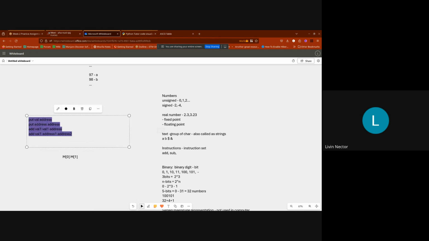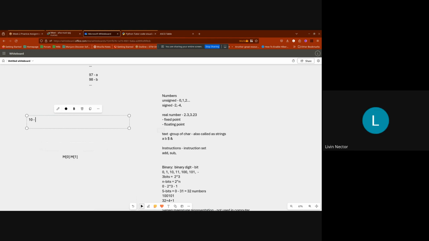So assume I have 10 different instructions, then how many bits do I need to represent these 10 different instructions? Anyone? So 10 different values are there, assume. How many bits do I need to represent these different values? 2 power 9, sir.